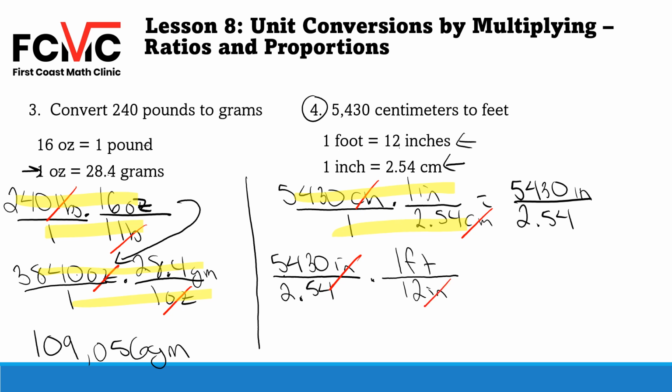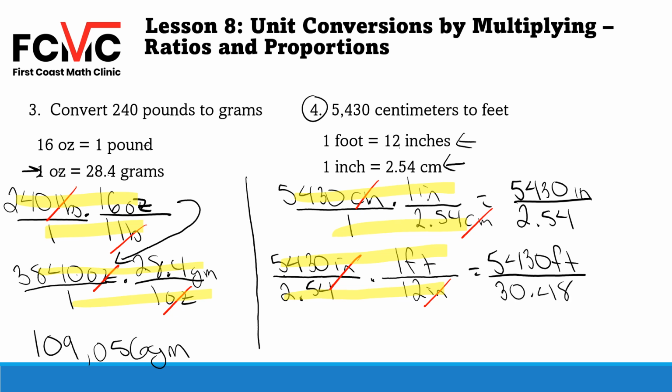I'm going to multiply straight across, and I get 5,430 feet in my numerator. 2.54 times 12 gives me 30.48.